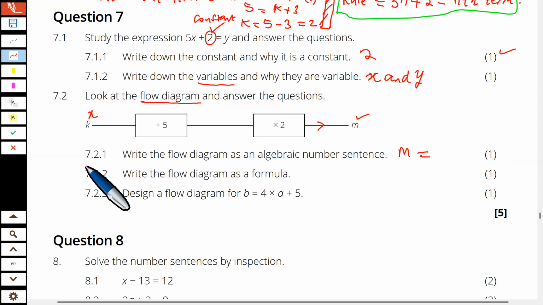So you can actually convert it. Right, we can convert it as follows. And you can say the following. So the input value is k.